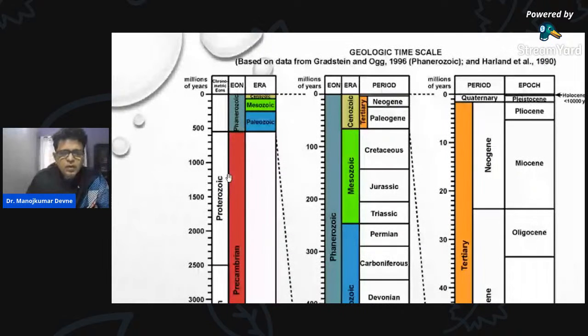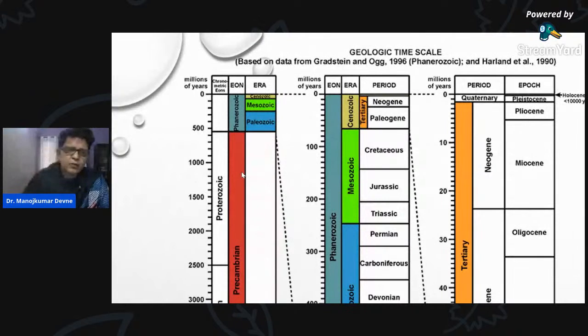Proterozoic means that life was emerging. Pro means towards life. You're going towards life. You have microorganisms, single cells and multiple cells. Of course, not large enough still, but there is a definite signature that you are going to have life in, say, possibly a few billion years from now.